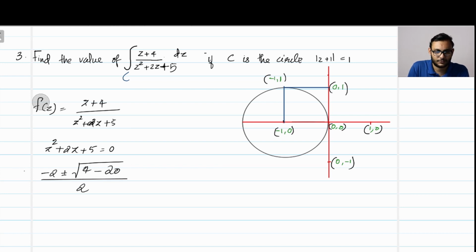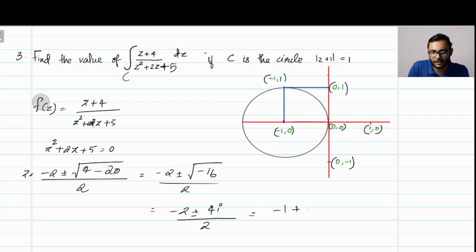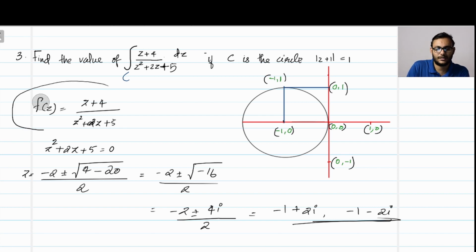So z is equal to minus 2 plus or minus root of minus 16 divided by 2, which gives minus 2 plus or minus 4 iota by 2, which is equal to minus 1 plus 2i, minus 1 minus 2i. These are the two values of z at which this function f of z is not analytic.